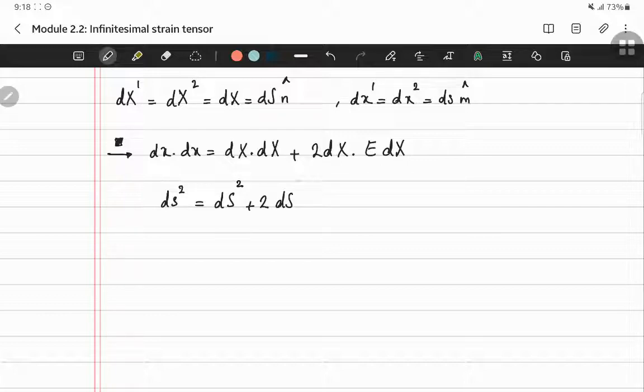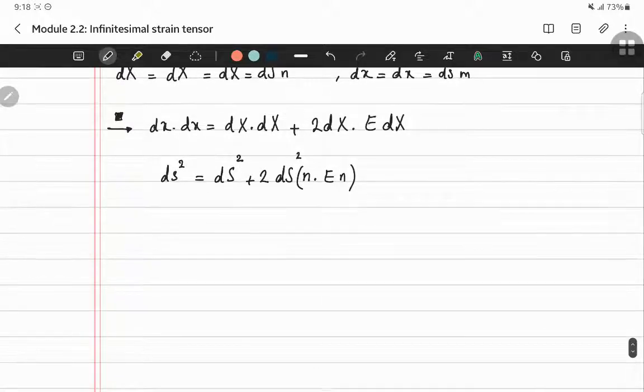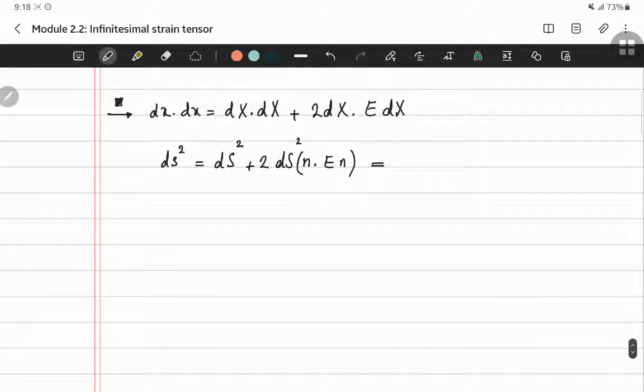Then we have ds also here, so it is ds squared, and we have n dot En, something like this. Now if I just play with this a bit, I have ds squared minus dS squared, which is equal to dS squared times n dot En.